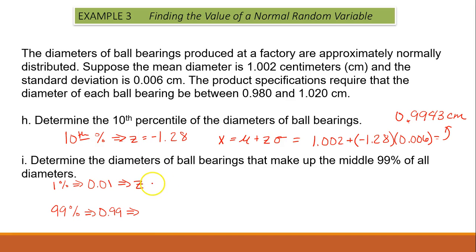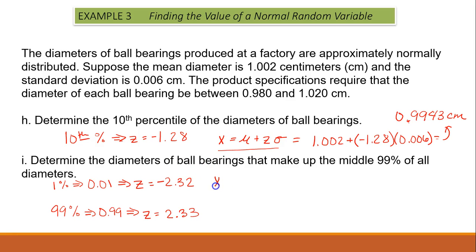We get z equals negative 2.32. And then on this one, we get a z-score of 2.33. So very close to one another, except one's negative, one's positive. And then use this formula right here to find the diameters we are looking for.